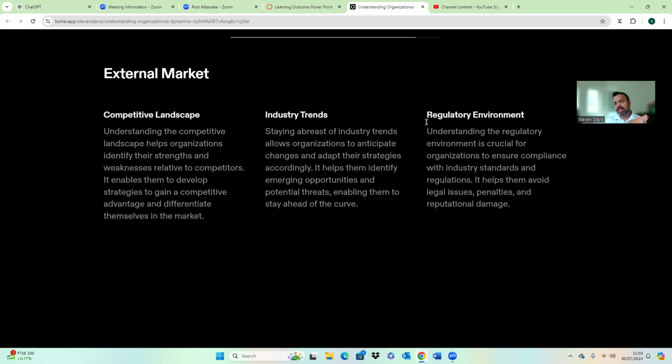So if you're in hospitality, you're going to have environmental health, you're going to have fire regulations, you're going to have HACCPs, hazard analysis, critical control points. If you're in retail, you may have Sales of Goods Act, you may have freedom of information, you may have financial regulatory stuff.